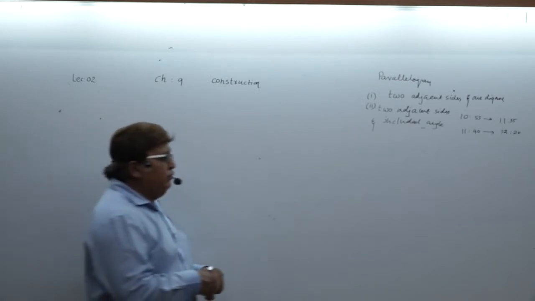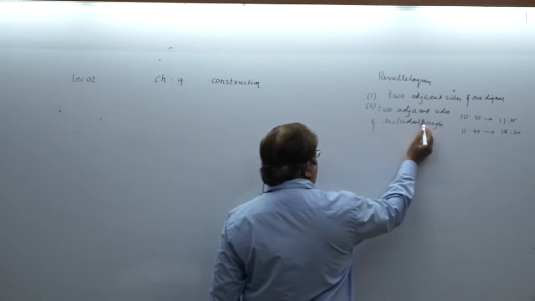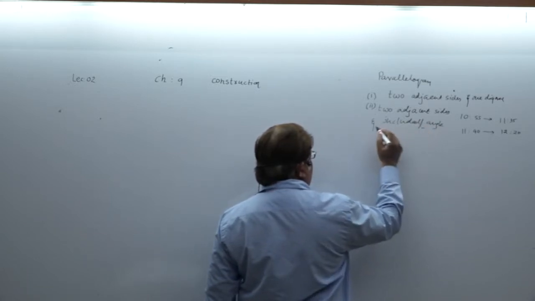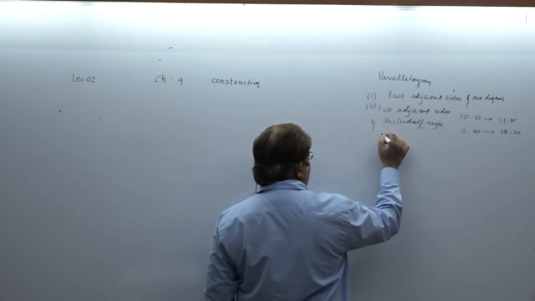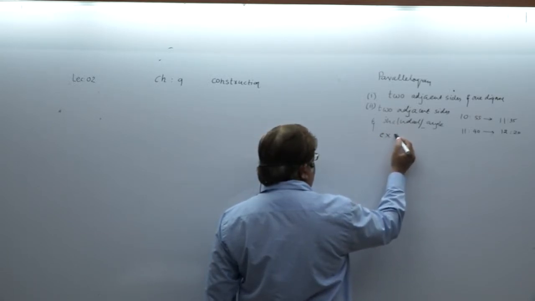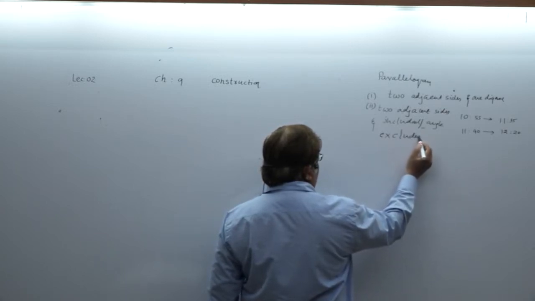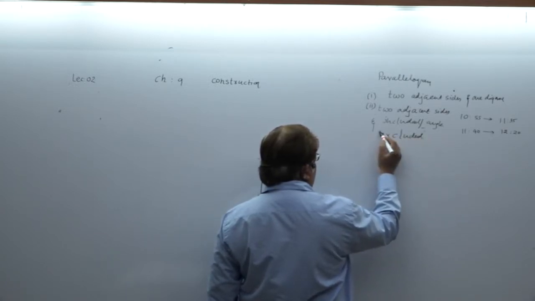There may be, dear student, we will discuss as we move ahead in this construction. You may be given included angle, or to confuse you and just twist your mind, sometimes you may be given excluded angle.